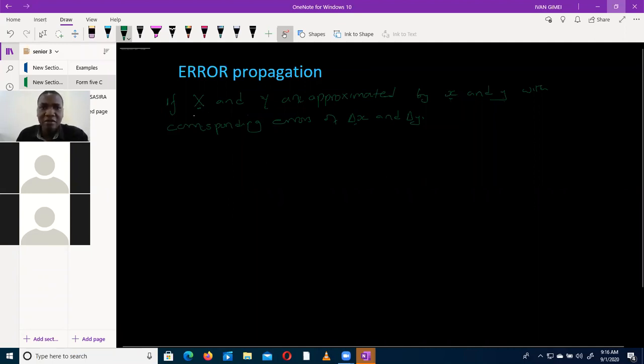The difference is what we've been looking at, they have been giving us values and asking us for the errors. This time around, they're giving us unknowns. They want us to get the corresponding expressions for the errors in the operations, maybe by addition, by subtraction, by multiplication, and division. So that's what you're going to do.